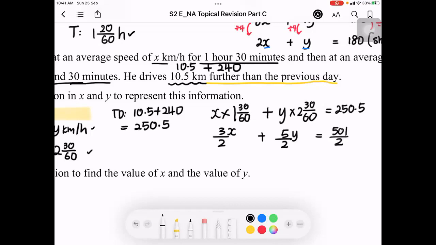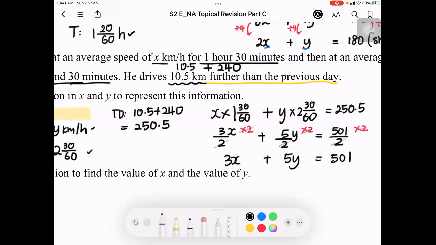Then the next thing, I do not want a fraction, so everything I times 2 throughout. Then I notice the denominators cancel away. So left with 3x plus 5y equals 501.